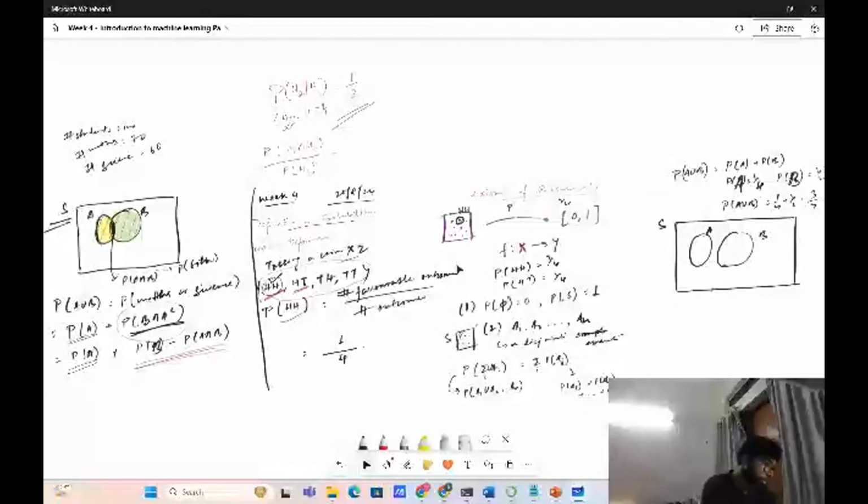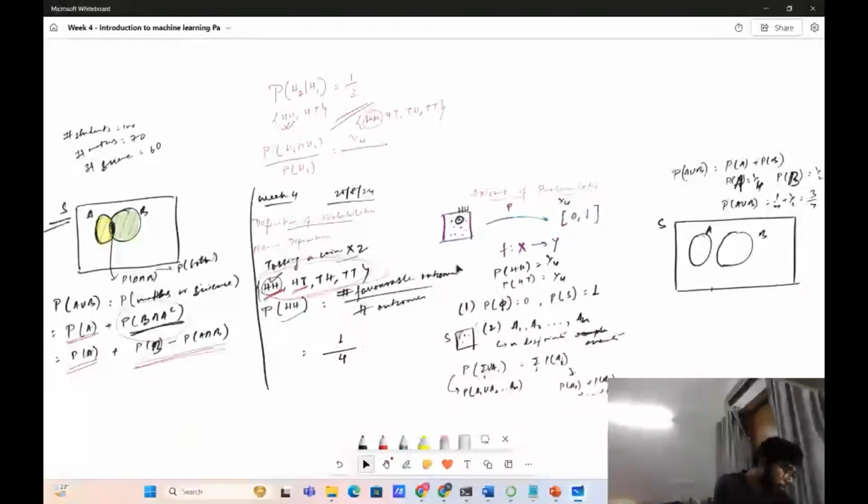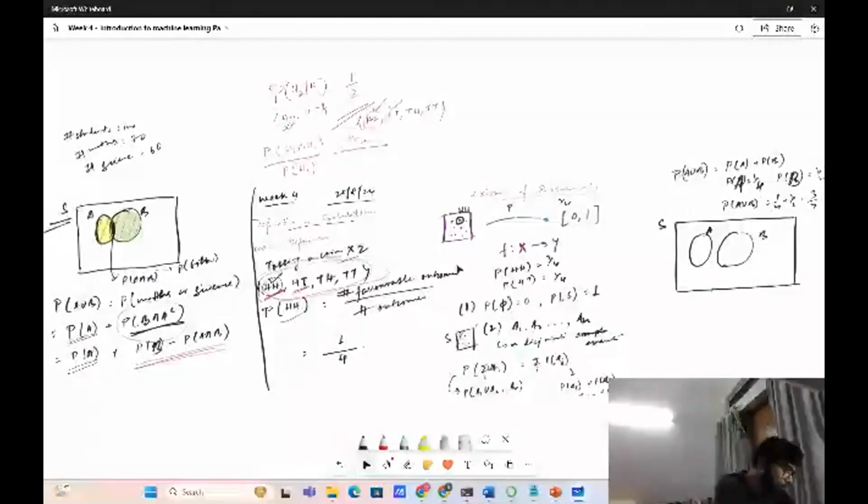If you look at the original sample space, what is the original sample space? HH, HT, TH, TT. Okay. So now what is the probability that both are heads? That is 1 by 4. And these two are the favorable outcomes for H1, right? So 2 out of 4, that is, 1 by 4 divided by 2 by 4. So this will basically give you half.